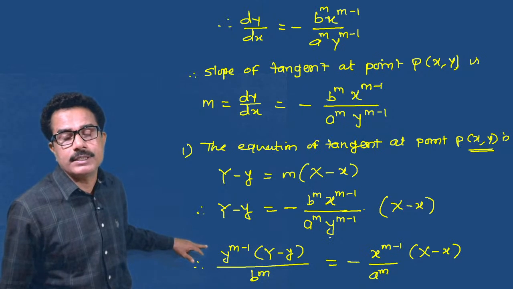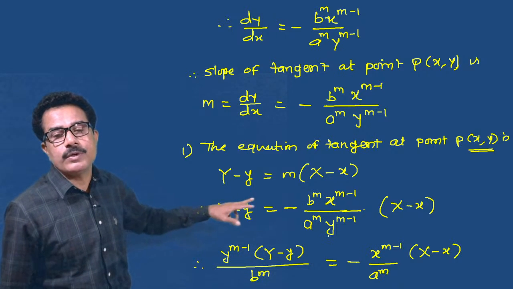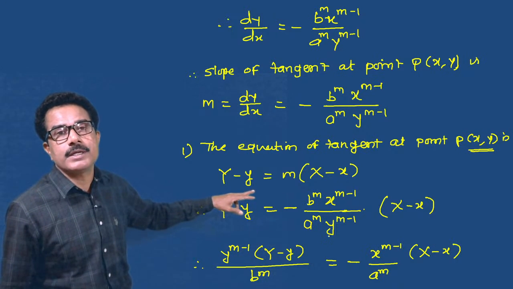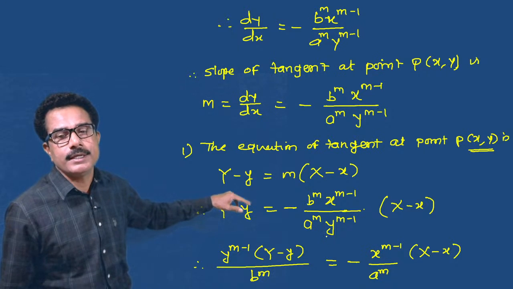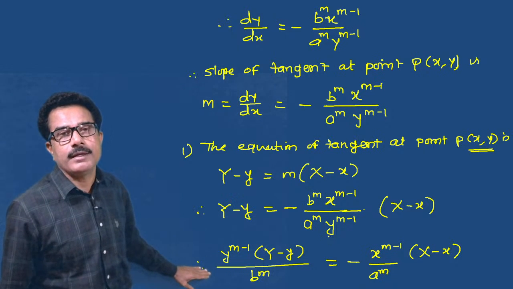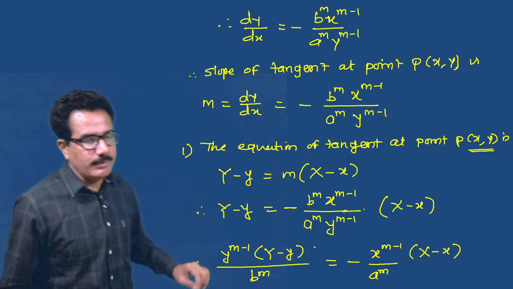Division can be converted into the multiplication on the left side, and the b raised to m is in the multiplication in the numerator on the right side, so we can multiply, divide on the left side by b raised to m.